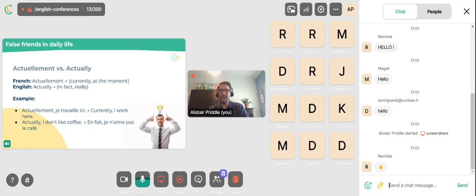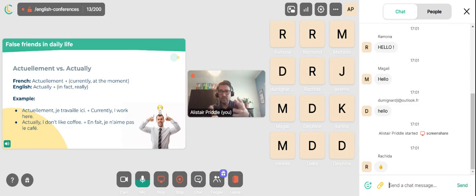So the first one here, actuellement versus actually. So in French, actuellement is currently or at the moment. In English, actually means in fact or really.